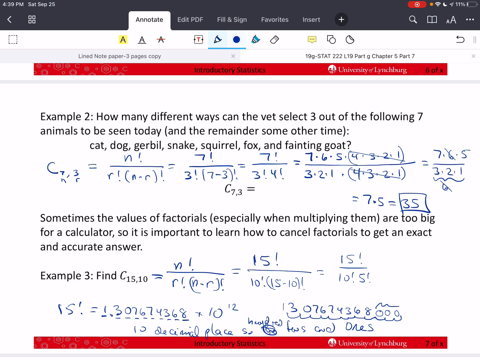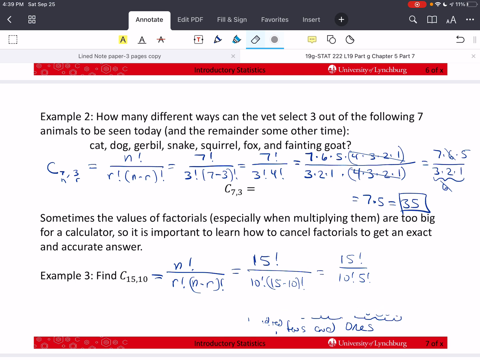The calculator doesn't keep those, it doesn't have enough space for those numbers. Okay? So that's the reason that we need to cancel out, because if you don't, you're not going to get the right answer. Now, what you can do is put all of this in your calculator at the same time. My calculator will handle it, actually there's a button on my calculator for combination, so I can say 15 choose 10, and it can calculate that in the same way we're going to do it, which is to cancel out things.